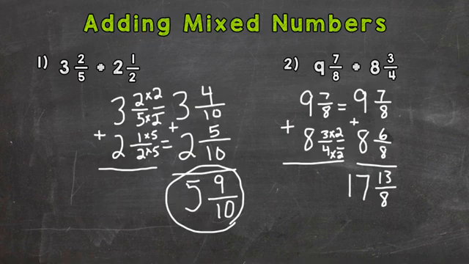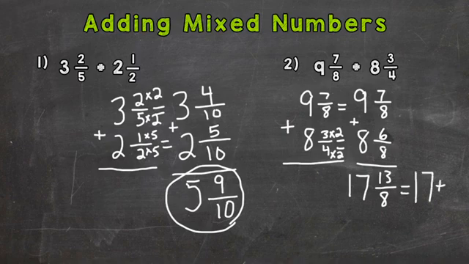Well, our fractional part is an improper fraction, so we don't want to leave it like that. It's more than one whole. So we're going to change it to the mixed number, and we need to combine the whole numbers together. So that's 17 plus whatever whole number we get out of that improper fraction. So we can think of it like this.